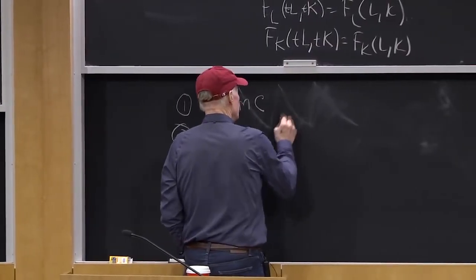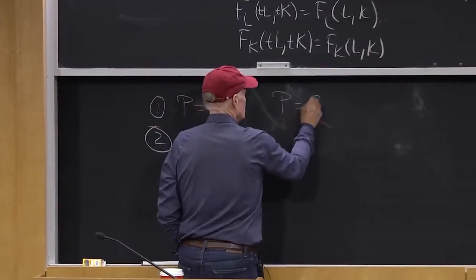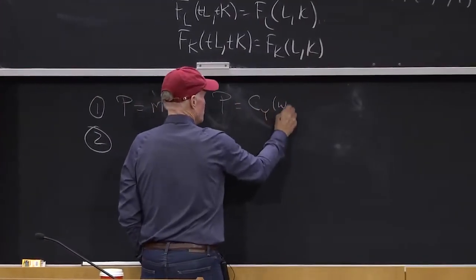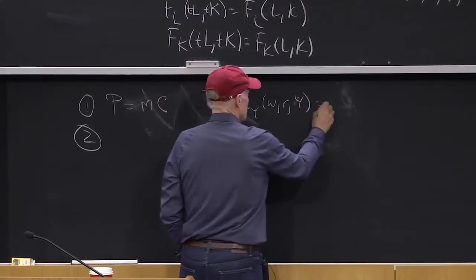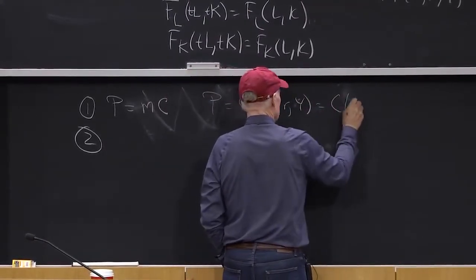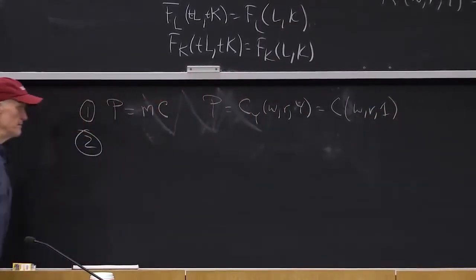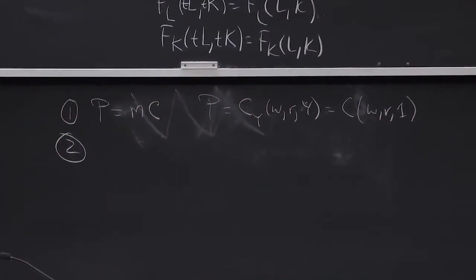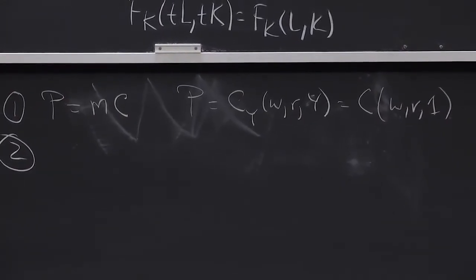So what is that? Well, how do we think about that equation? P equals Cy of W, R, and Y, which of course is also equal to C of W, R, and 1. Either way you want to think about it, which immediately tells us we have zero profit, right? Zero profit in this world. Okay. What else?